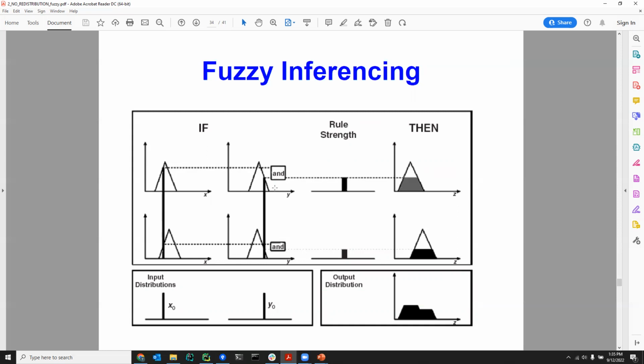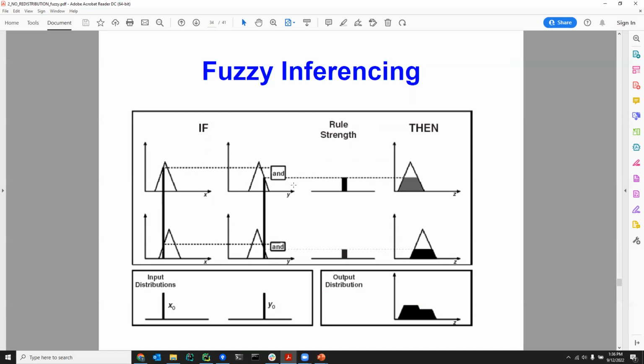And then we also do the same thing for the input Y. We get the membership value in this set. We then need to resolve those somehow. So we do AND, we're saying if X is in this set and Y is in this set, then this set, but the contribution to that set is the minimum of these two values.